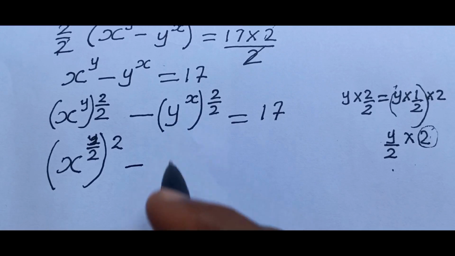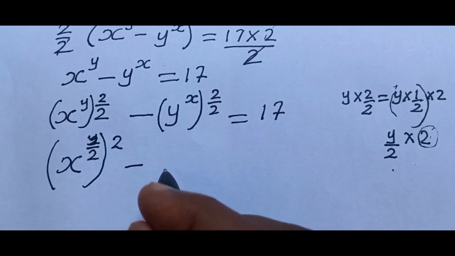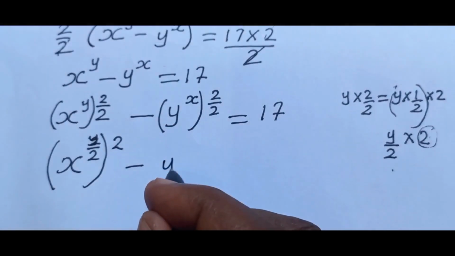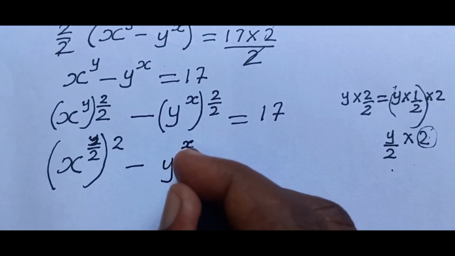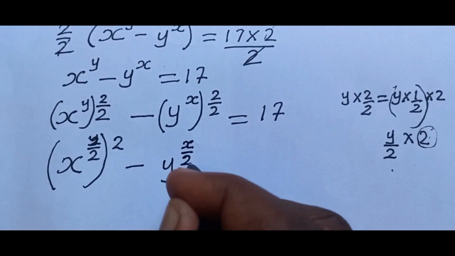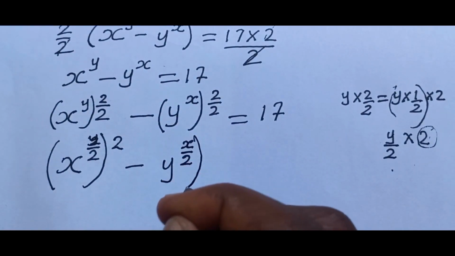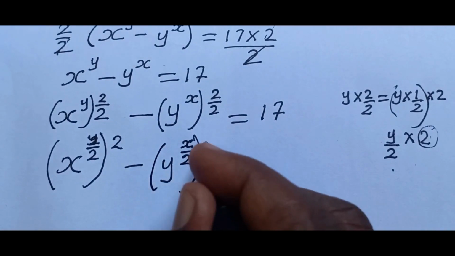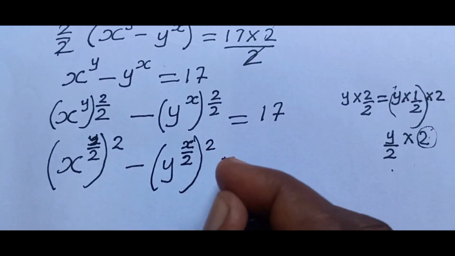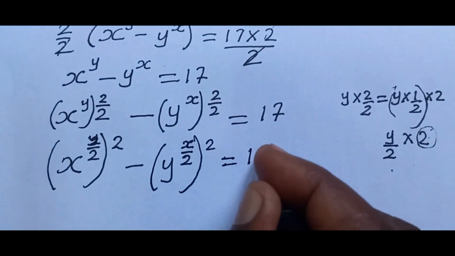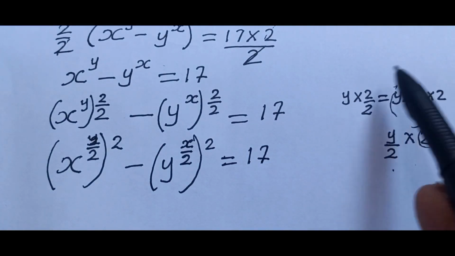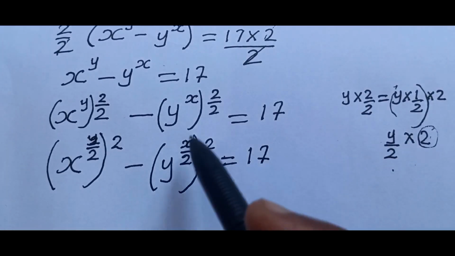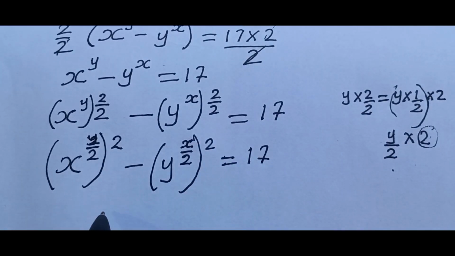So the same as to write here y raised to x over 2 in the bracket raised to power 2 equals to 17. We have used the same concept.